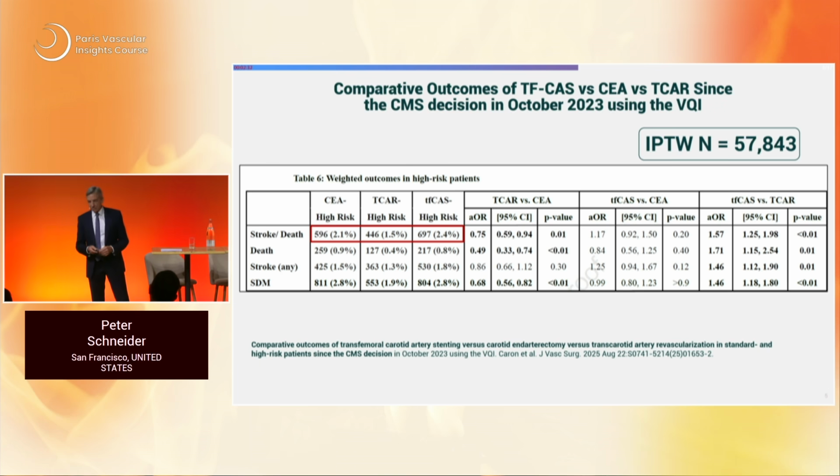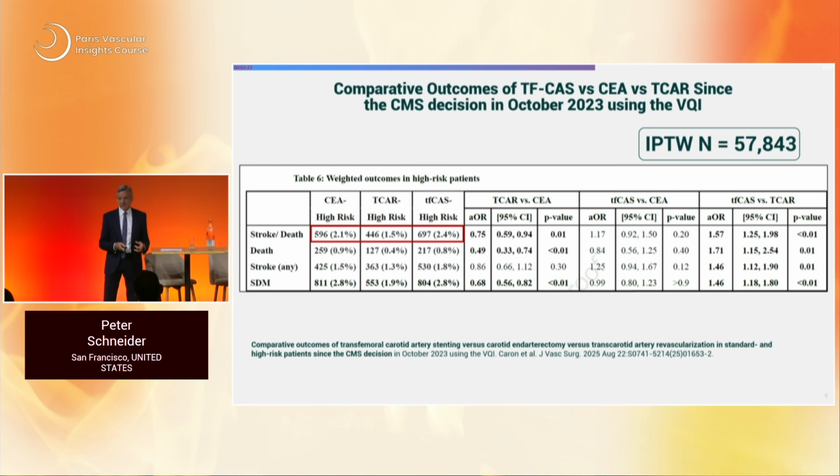So, this is now propensity weighted data that is accumulated in the VQI since the U.S. regulators decided that transfemoral stent should have equal footing with CEA and with TCAR. And what you see is these are high-risk patients.